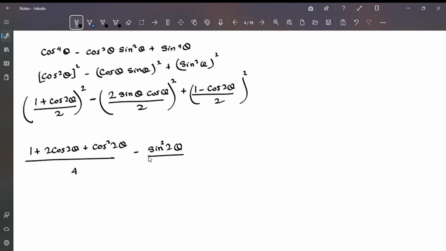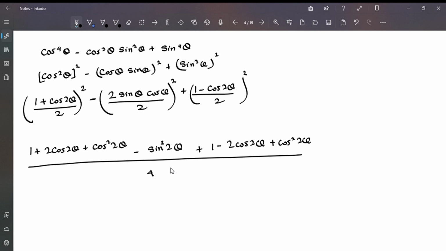Okay, you have sin square 2 theta over 4, plus 1 minus 2 cos 2 theta plus cos square 2 theta over 4. Since everything has the denominator 4, I am going to make this into one big equation like this.